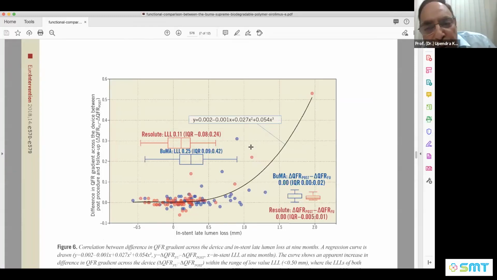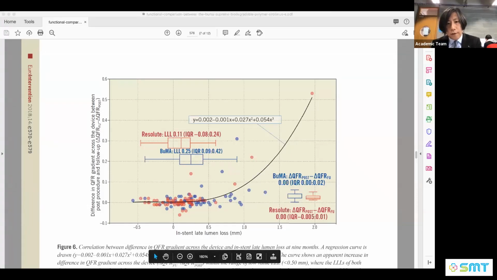Yeah, I was asking about whether the choice of the device, drug-eluting balloon versus a stent or something else, the method can help us in choosing that depending on the size of the vessel, flow of the vessel. So I think in the QFR there was a function to predict the post-procedural QFR, and as we have shown, there was also the information on the diameter of the analyzed vessel.